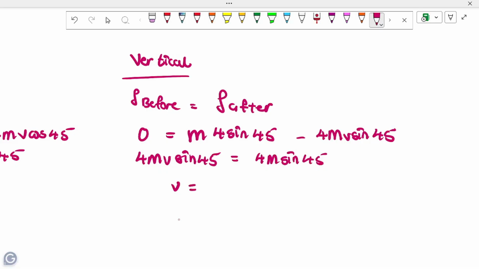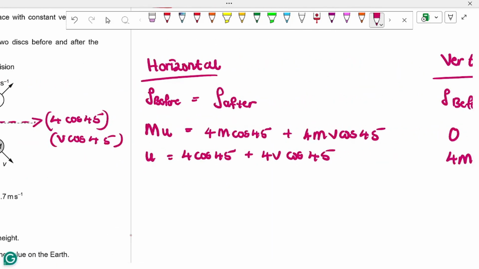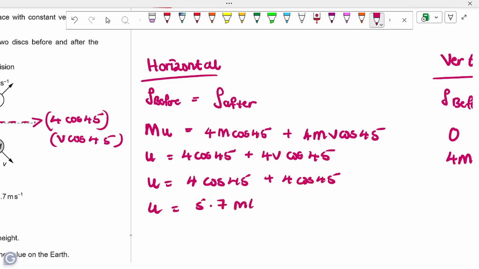Voila. Those two things cancel out, so v will just be 1. Okay, so if I go here, v is 1, but u is something else. So u will be equal to 4 cos 45 plus 4 cos 45 as well. So the value of u would just be 5.7 meters per second.